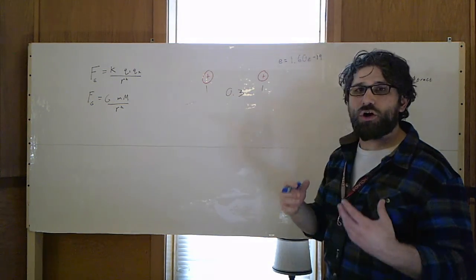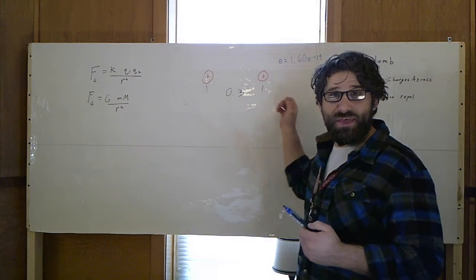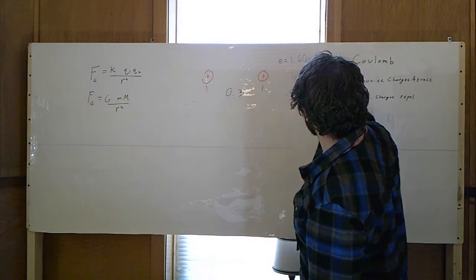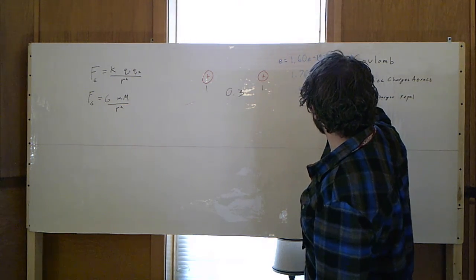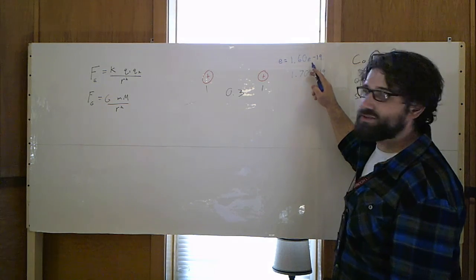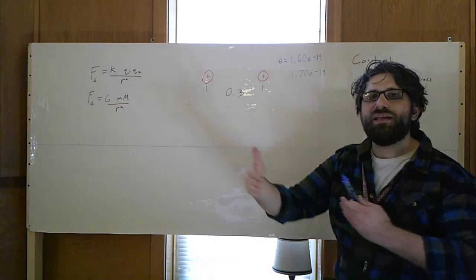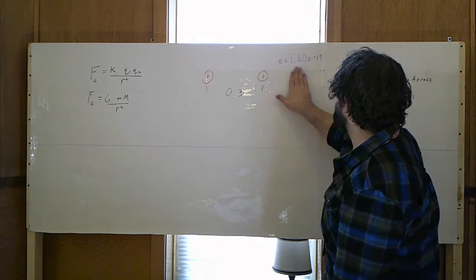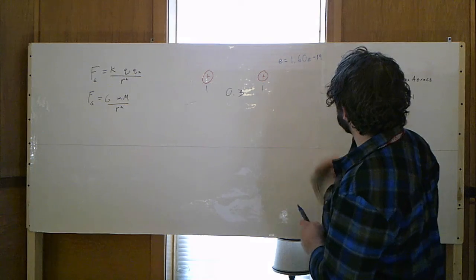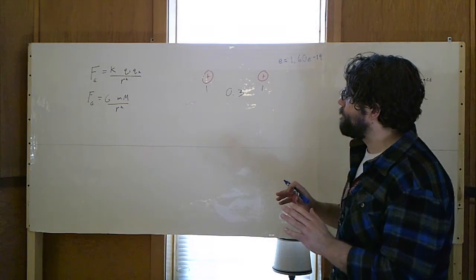Not only can we not have a charge smaller than this, our charges will go in increments of that value. So it would be impossible for me to have a charge of 1.70 e negative 19, because I can only add another 1.6. I can double this and keep adding on 1.6 e to the negative 19, but I can't get in between. That might be a little more confusing than it needs to be. If it is, ignore it. Okay, so 1.6 e to the negative 19 is going to be our charge here.